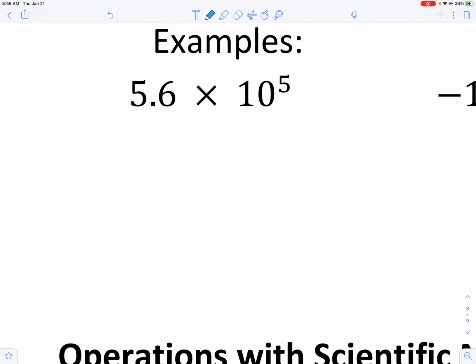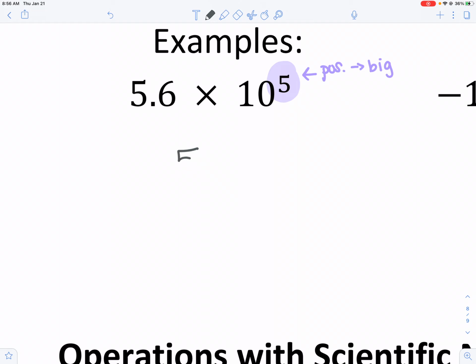So now let's look at moving backwards. So I'm given scientific notation and I want to move into standard form. So I've got 5.6 times 10 to the 5. Well, because that 5 is positive, that means I need to make this number bigger. So because that is positive, that's going to tell me that this should be a big number.